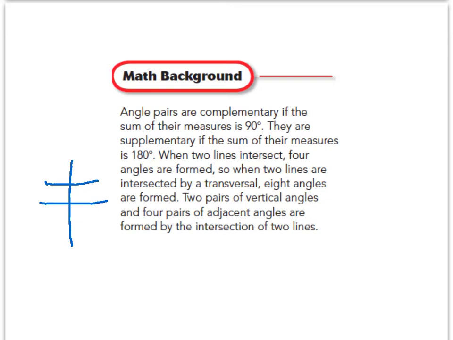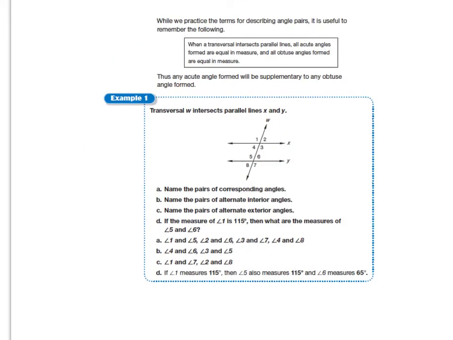Again, very vocabulary rich. Another piece of information that's useful while we're practicing terms for describing all these angle pairs: when a transversal intersects parallel lines, all the acute angles are equal in measure, and all the obtuse angles are equal in measure. We could deduce this by the corresponding angles, the supplementary, the complementary.